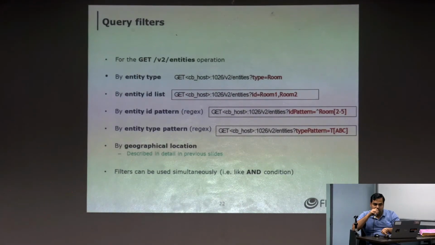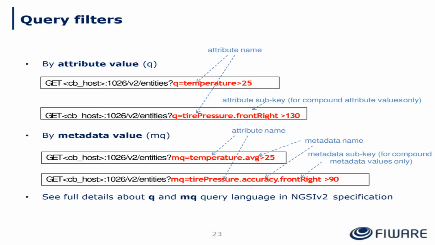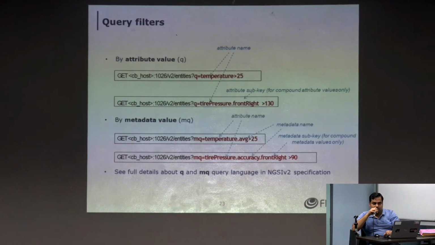Or if you want to apply some pattern, that you want room 2 to 5, you can do that. Or you can apply the same for type. The first example here I have shown you, temperature greater than 25, you want all the records. You can apply it for complex types. You can even do queries on metadata if you want to do that.